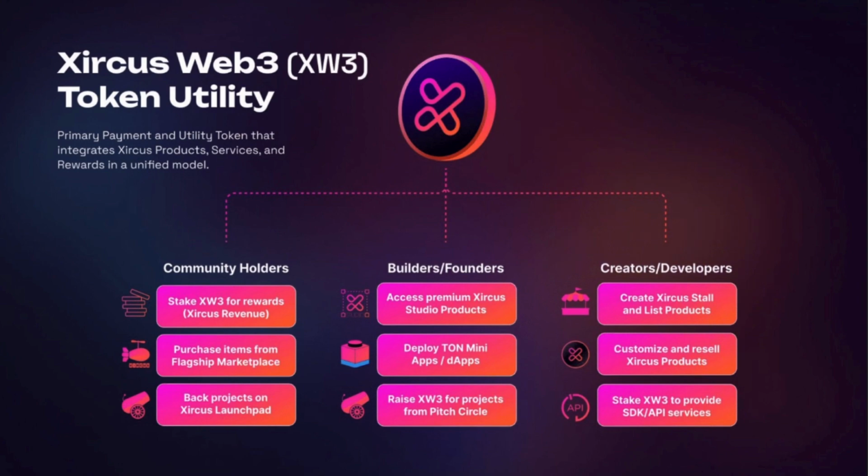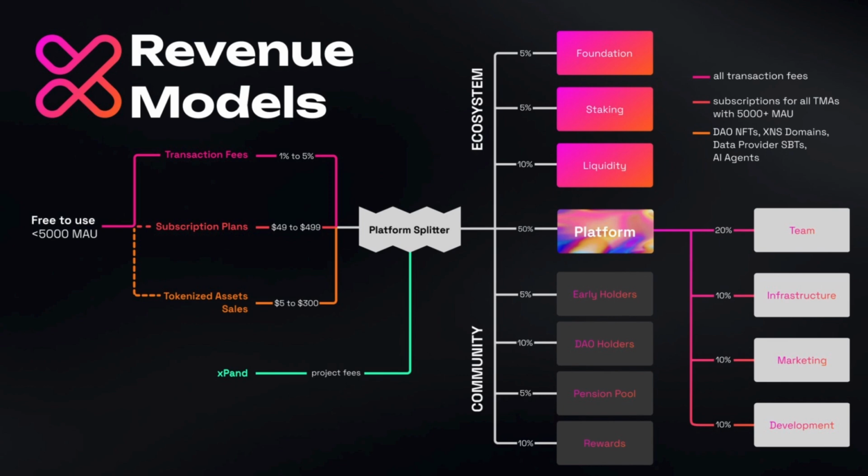So now that I've covered how XW3 actually powers our ecosystem for different groups, let's explore the revenue streams that fuel this token economy. Because we've built a robust infrastructure that generates revenue through different types of models, which are then redistributed to sustain the ecosystem and enhance the value of XW3.